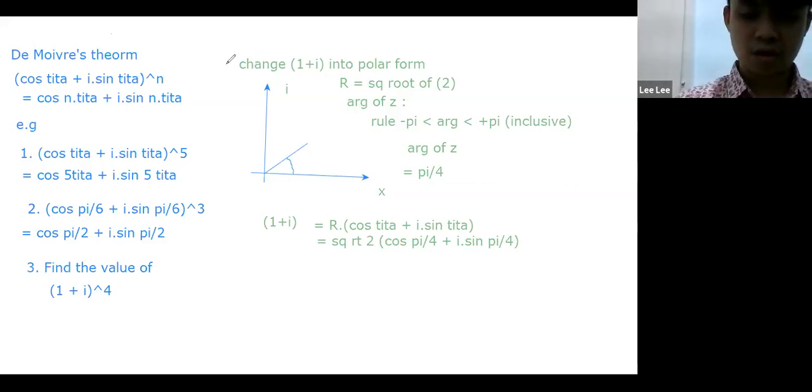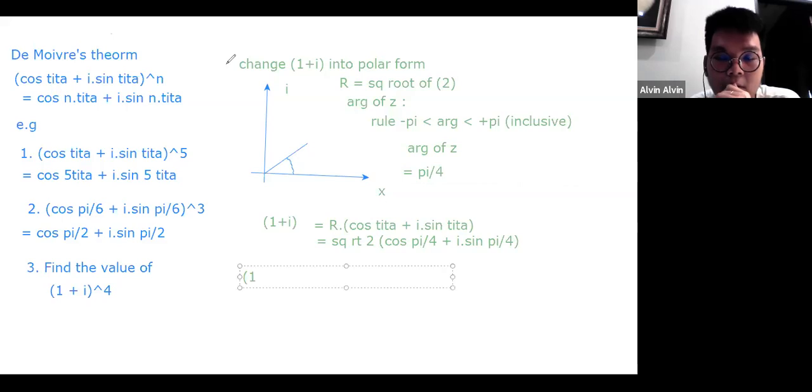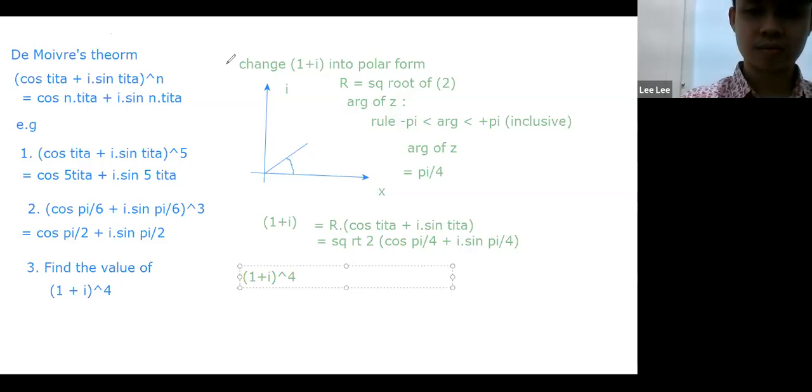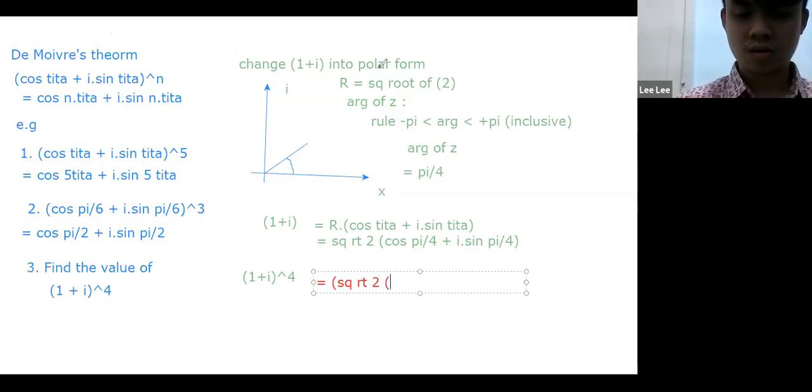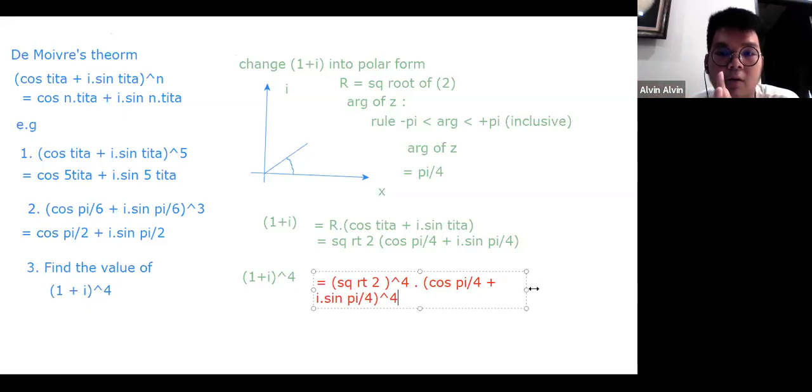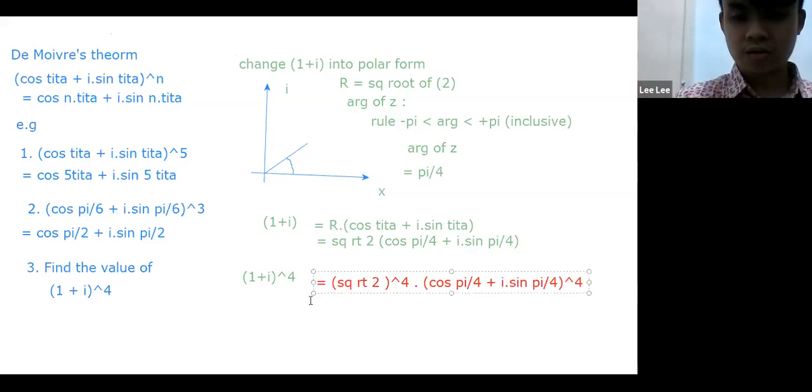So we have (1 plus i) to the power of 4, which can be replaced by (square root 2) to the power of 4 times (cos pi over 4 plus i times sin pi over 4) to the power of 4. Square root 2 to the power of 4 is 4.